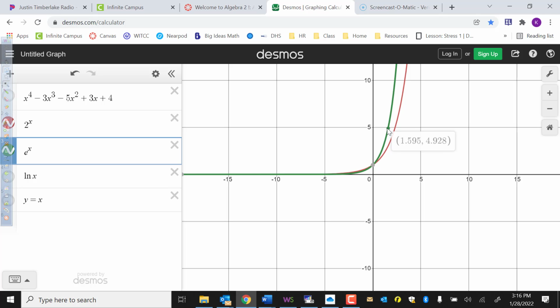Here's my over 1, there it is. Should be over 1 up 2.718. See, that's that e. 1 comma 2.7 and then so on. Anyway, you guys can use Desmos to help you out with some of these graphs, but make sure you understand the parts of the graph, okay?